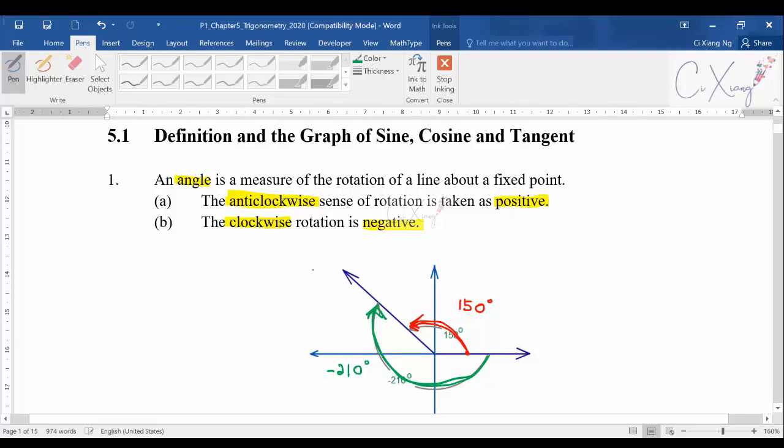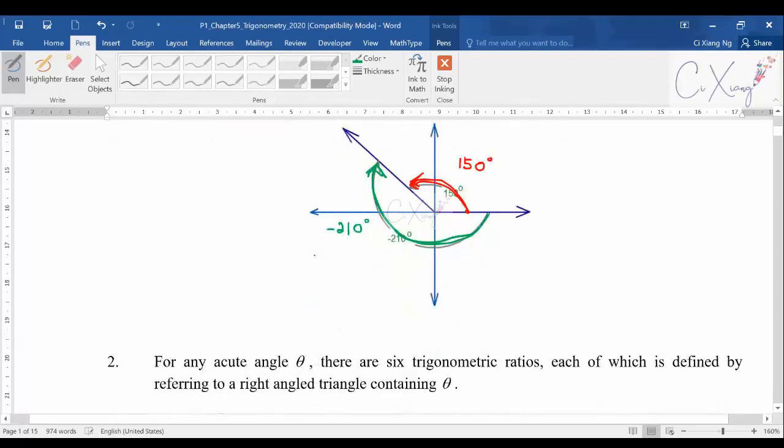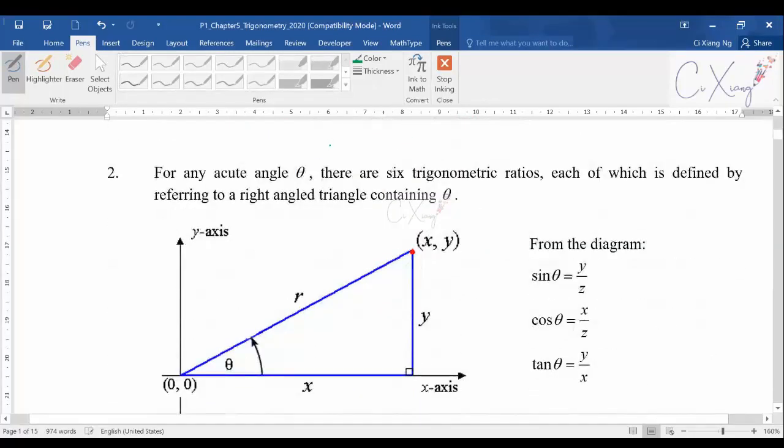All right, now let's continue to another basic idea. For any acute angle theta, what is the meaning of acute angle?